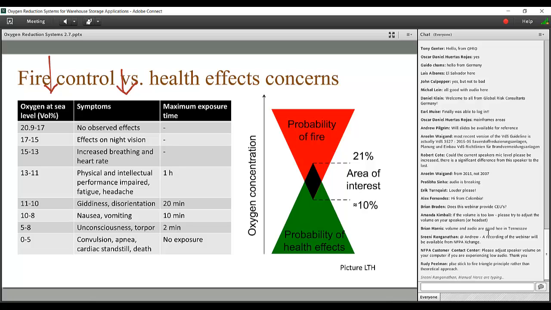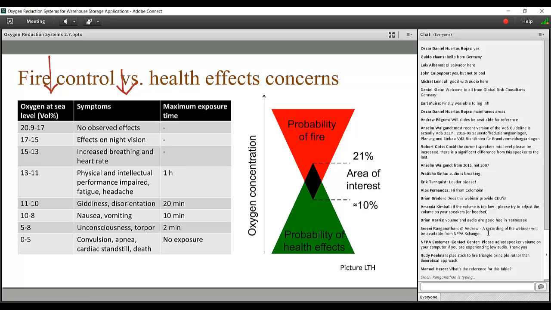Once you get down into the 15% range, some studies have shown some impact on night vision. Lower, down in the 13% range, you have some increased breathing and heart rate. And lower than that, you're starting to get into some physical and intellectual performance issues.